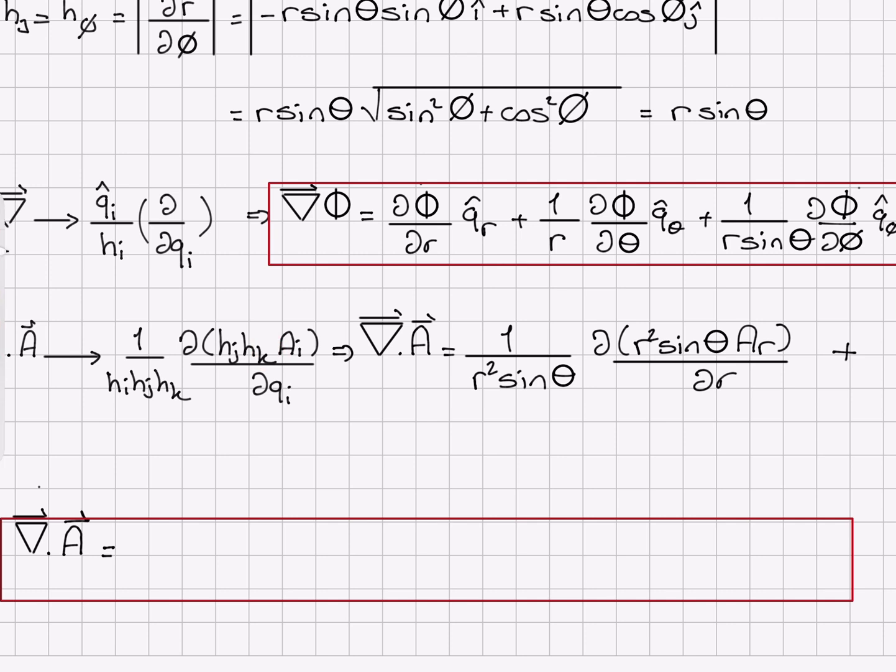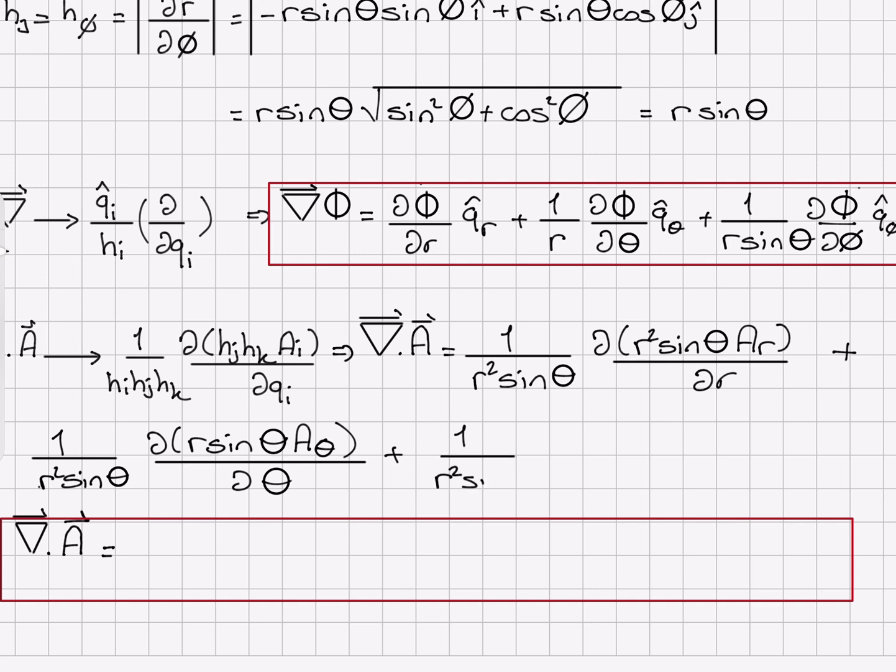now I'm talking about the theta derivative, which means I should use h r and h phi, so that's going to be r sine theta here. So I have 1 over r square sine theta, and as for the derivative, I'm taking the derivative of r sine theta a theta with respect to theta. And for the last term, again, I have 1 over r squared sine theta.